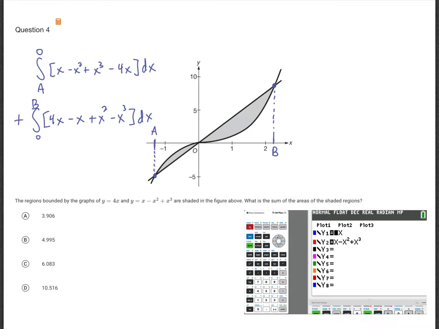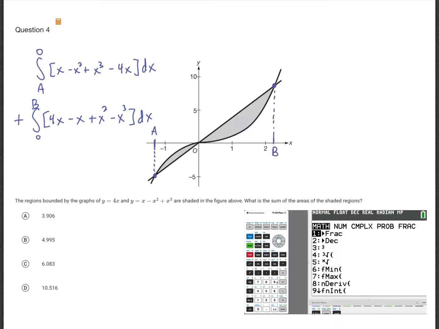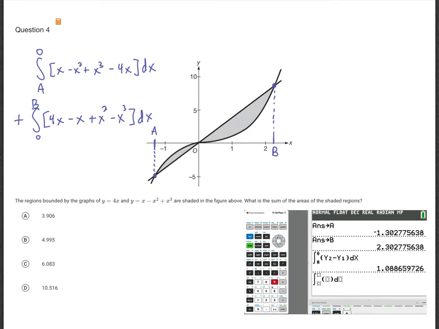You can see my y equals, the linear one is y1, so you can just type in y2 minus y1 in this case. So do alpha trace and then alpha trace for the second one. Okay, that's our first area. Next one, math 9, from 0 to b.